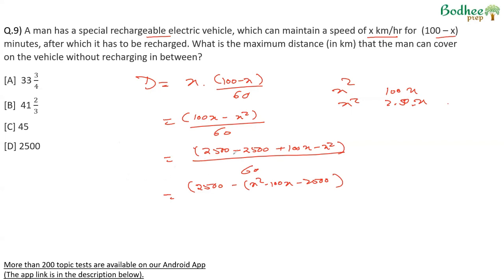This will be plus. Upon 60, this becomes 2500 minus (x minus 50) whole squared upon 60.